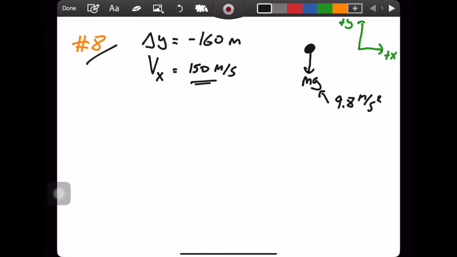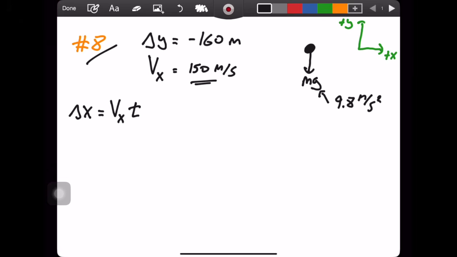Then whatever the horizontal displacement is of the supply package, it's equal to that original horizontal velocity, 150 meters per second, multiplied by t, which is the time that elapses from when the package is dropped from the plane to when it hits the ground.